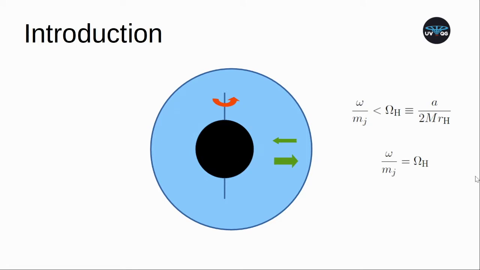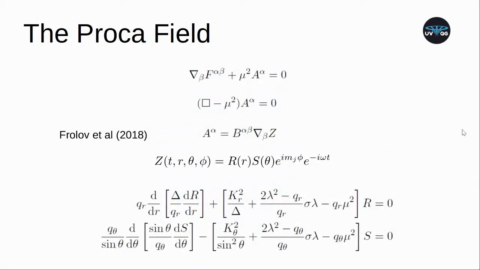So here we are going to talk about these Proca clouds, and also a little bit about hairy black holes with Proca hair. In order to find these bound solutions, we have to solve the Proca equation.